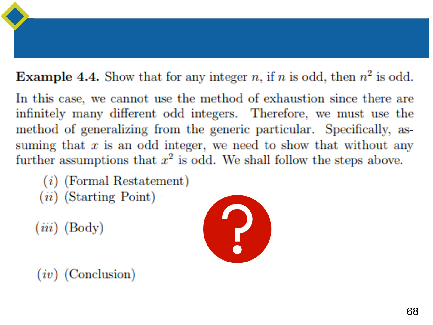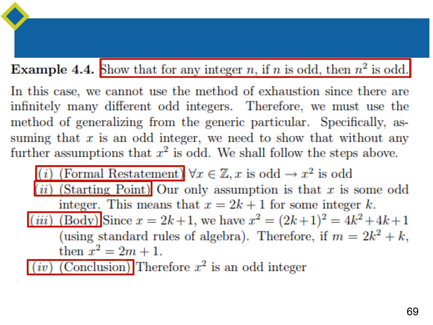So by this example, try by yourself to make the formal restatement, the starting point and the conclusion for this predicate. For any integer n, if n is odd, then n squared is odd. Okay, so how to formulate this statement?